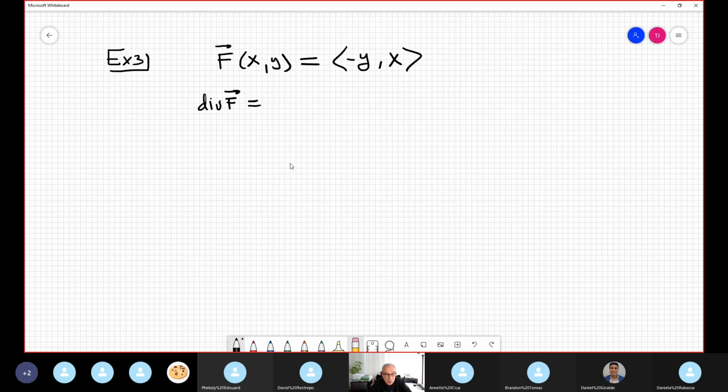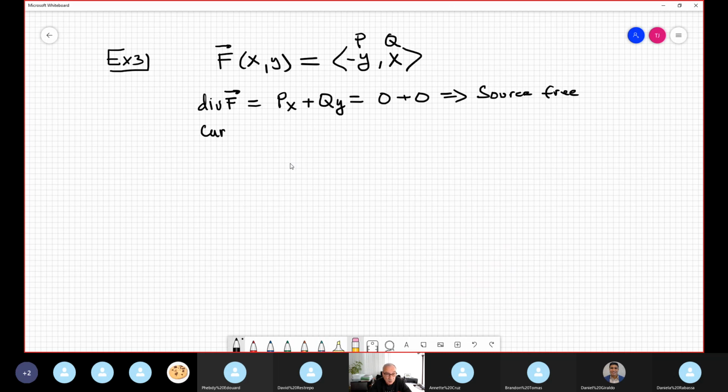By definition, I always copy the formula: Px plus Qy. This is P, and this is Q in our example. Derivative of P with respect to x is 0, not depending on x. And derivative of Q with respect to y is 0. This is 0. Again, what happened is it's source free. Vector field, no source.